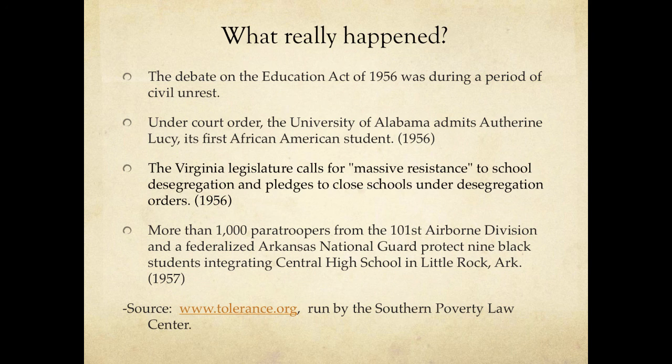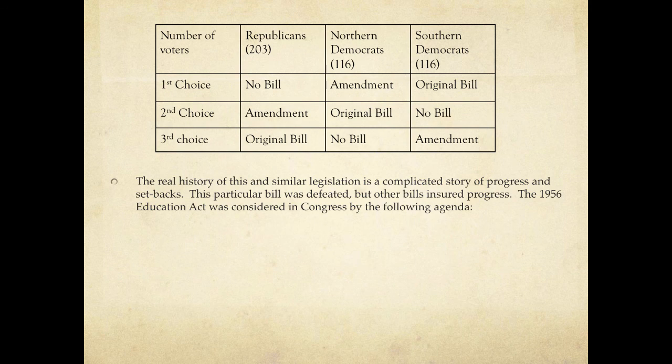There were 1,000 paratroopers from the 101st Airborne Division and a federalized Arkansas National Guard that protected 9 black students integrating Central High School in Little Rock, Arkansas in 1957. So the real story of this and similar legislation is a complicated story of progress and setbacks.